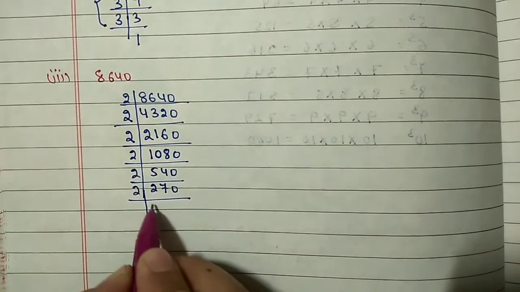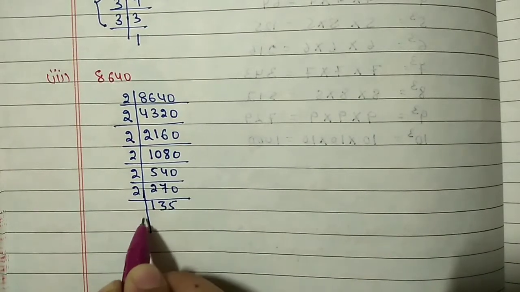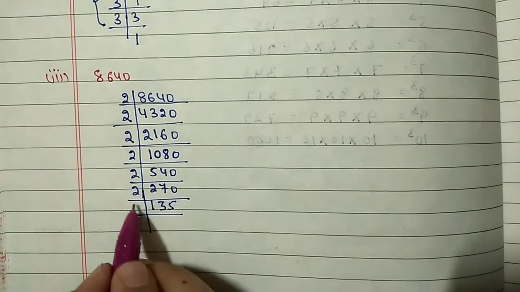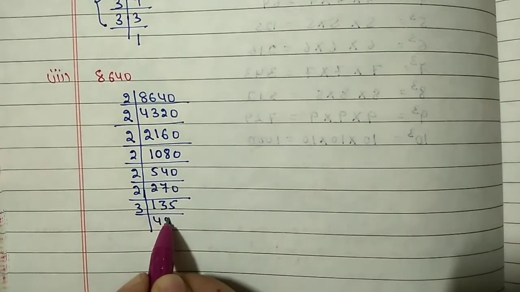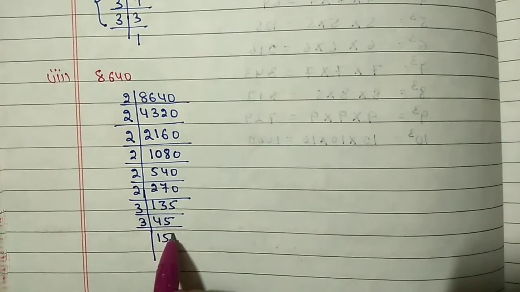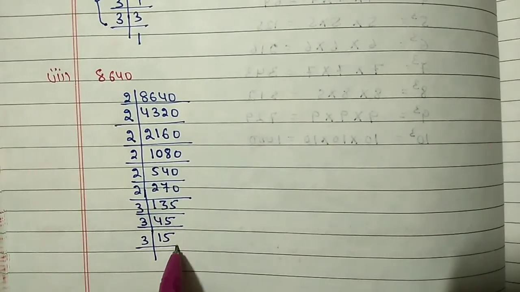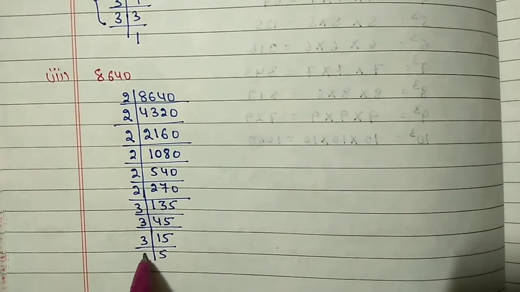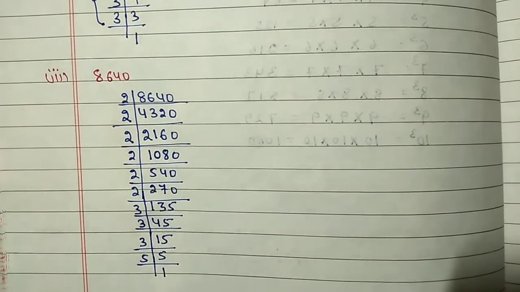Again 2 1s are 2, 3s are 6 and 5s are 10. Then it will go with 3. 3 4s are 12 and 3 5s are 15. Again with 3, and then one more time it will go with 3, and at last 5 1s are 5.